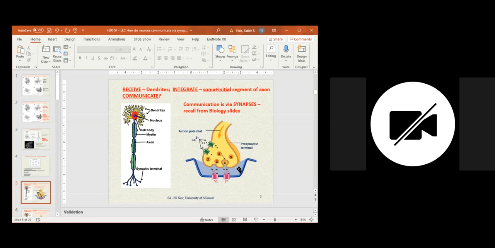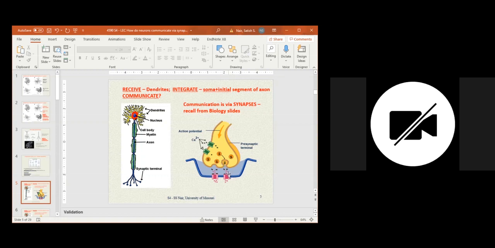It may vary. So the neurotransmitter goes and binds to the postsynaptic receptors, and that binding causes them to open. So these channels are called neurotransmitter-gated channels. These do not work on voltage. They work on binding of neurotransmitter.